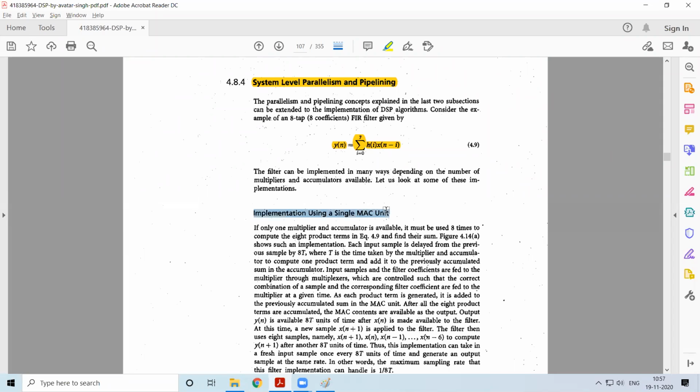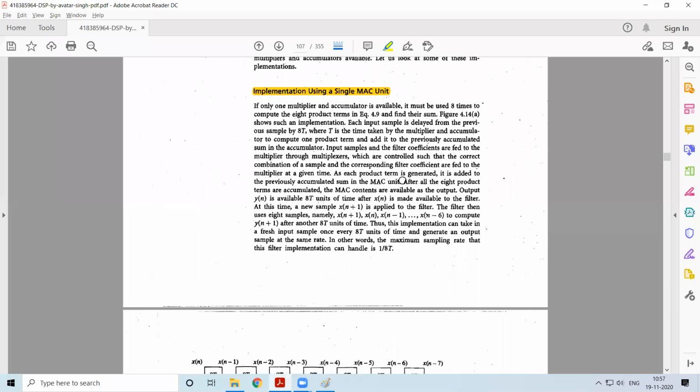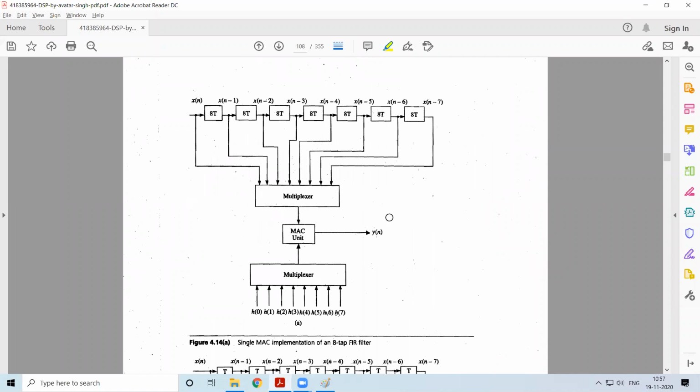Since it is a multiply and accumulate kind of operation, can I implement the same thing in the MAC unit, wherein I will have pipelining and parallelism implemented? That is what they have specified here. Here you have two multiplexers which are given to the MAC unit, and it will provide you the result in a parallel form.